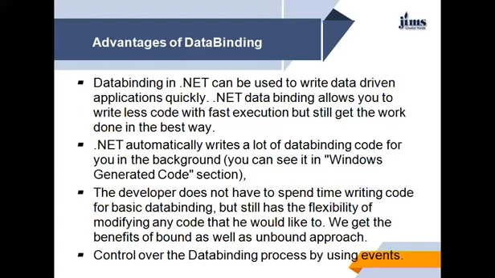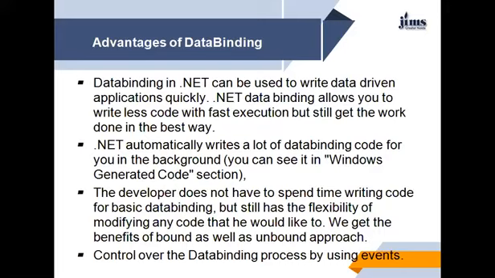Now, advantages of data binding. Data binding in .NET can be used to write data-driven applications quickly. .NET data binding allows you to write less code with fast execution, but still get the work done in the best way. .NET automatically writes a lot of data binding code for you in the background.